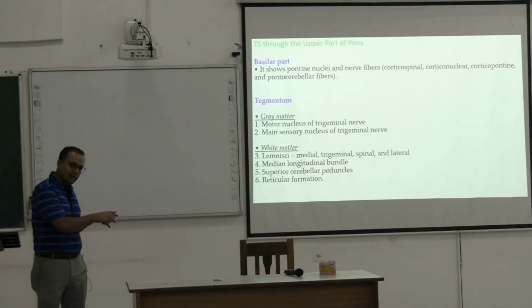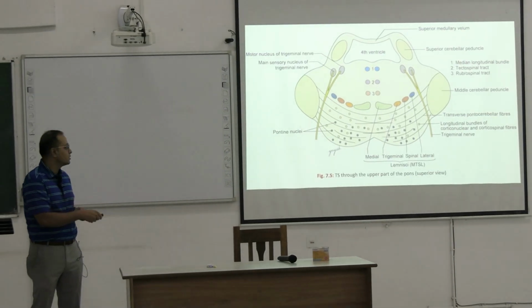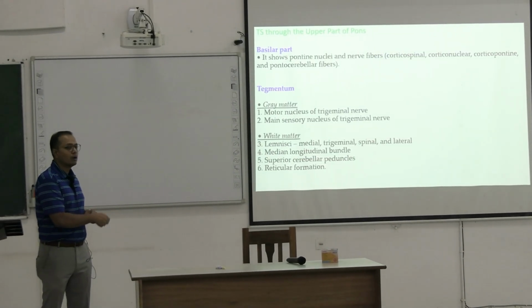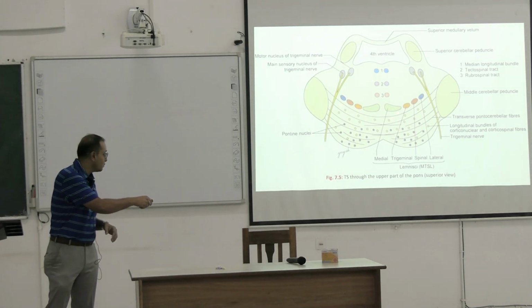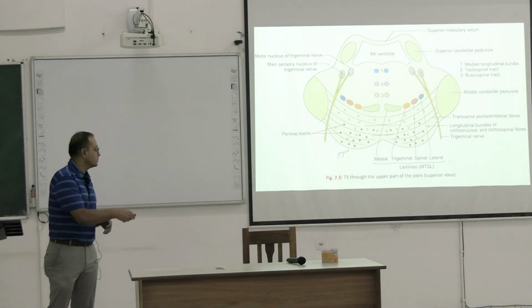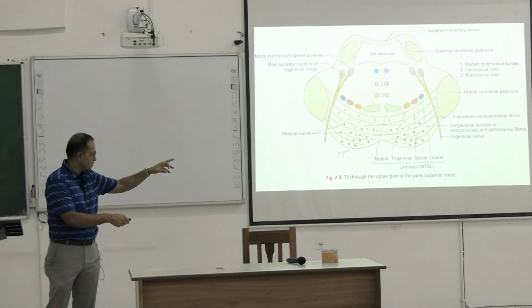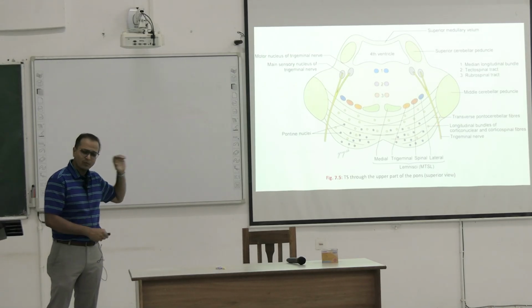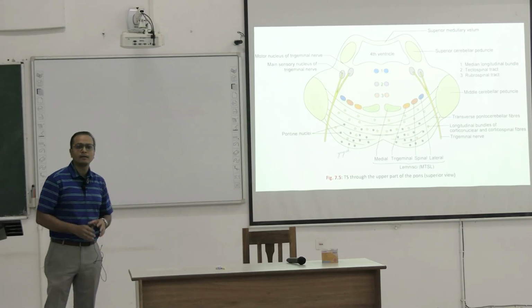The white matter is the lemniscus, along with the medial longitudinal bundle. These you have to remember. On the anterior side are the pontine nuclei and the pontine fibers. These pontine fibers are of several types, such as corticonuclear, corticospinal, and so on, but if you do not remember all of them, just remember the pontine nuclei and pontine fibers.